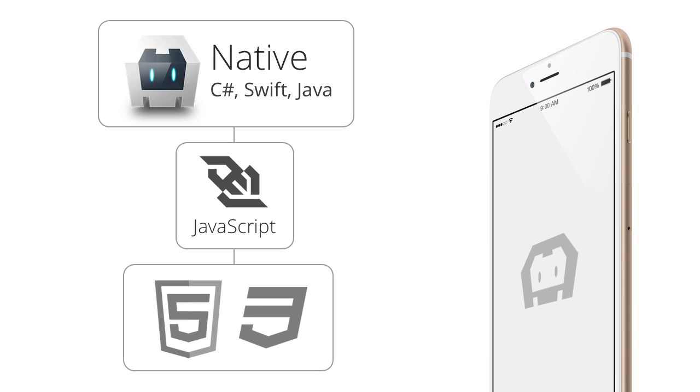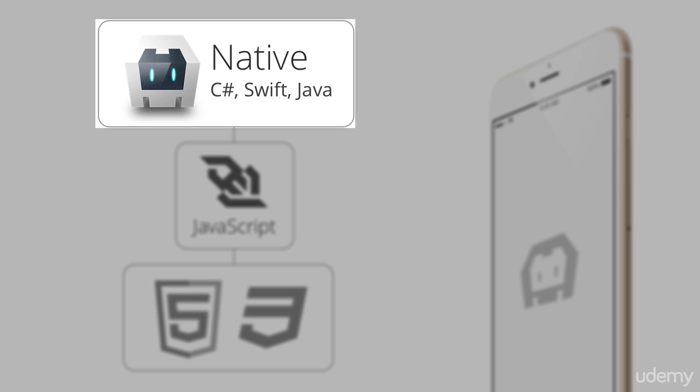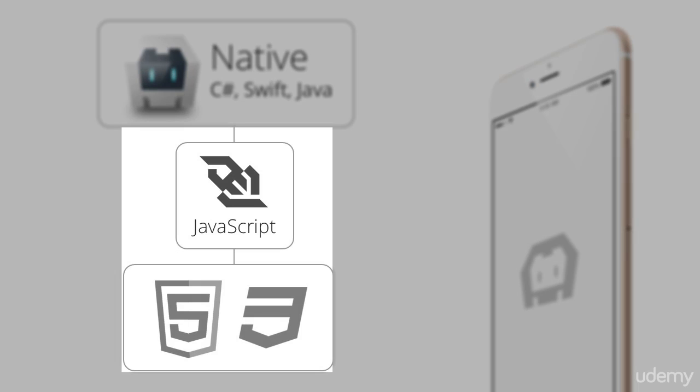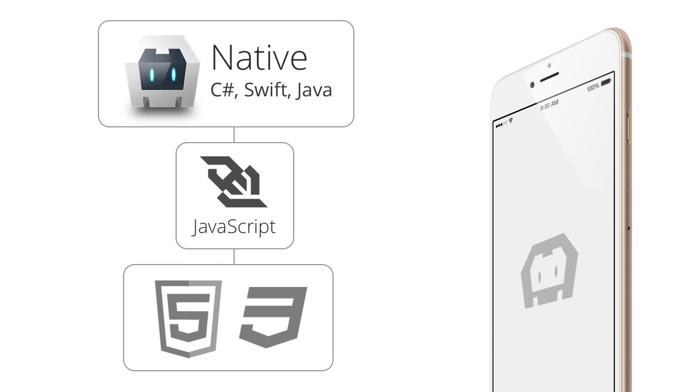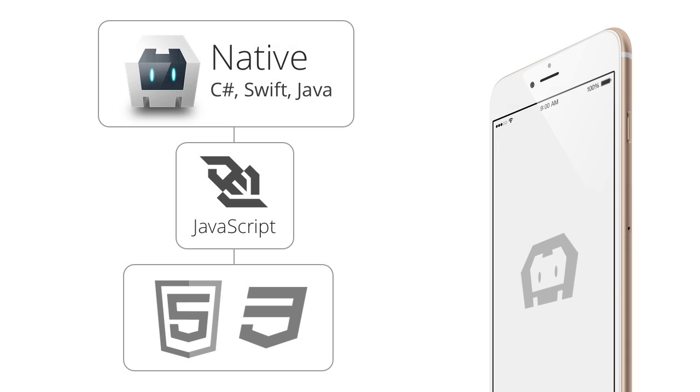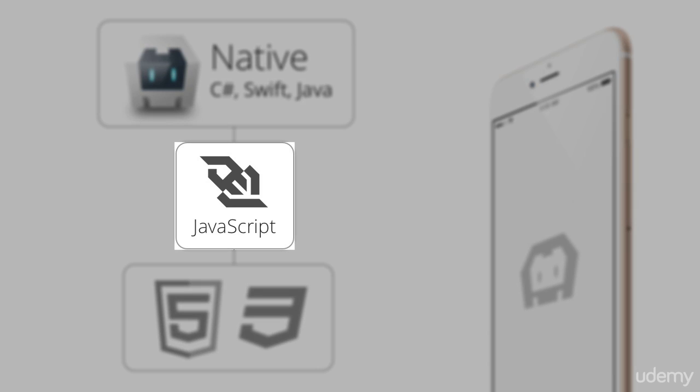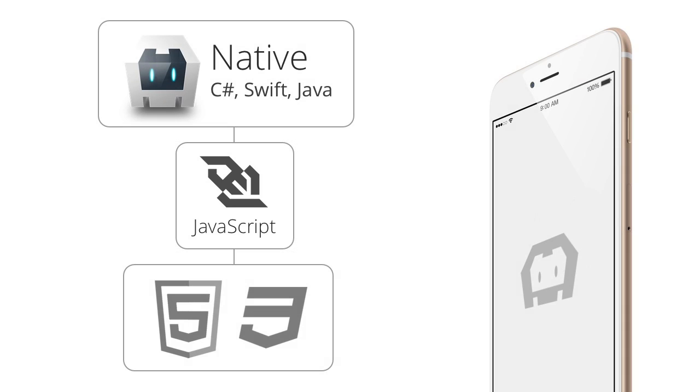They benefit from combining two elements which are native and web technologies such as HTML, CSS, and JavaScript. This means you can build interfaces by using HTML and CSS alone, but the magic combination comes with JavaScript.